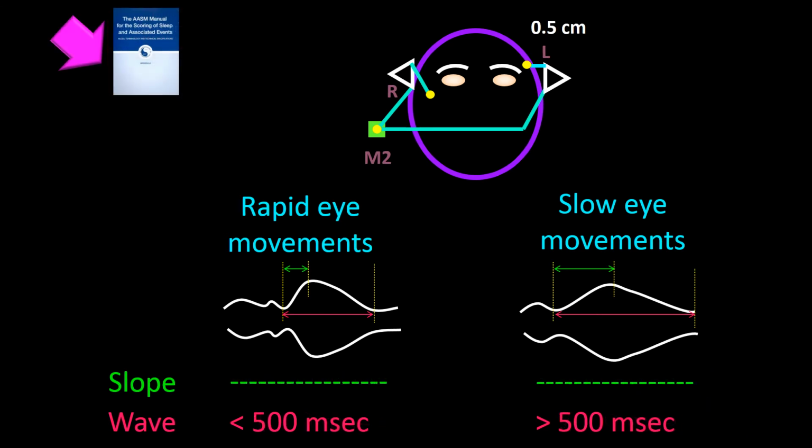In the manual introduced in this frame used for sleep scoring, rapid eye movements are defined as those lasting less than half a second, and slow eye movements are classified as those being more than 500 milliseconds.